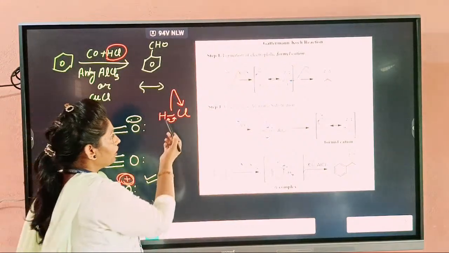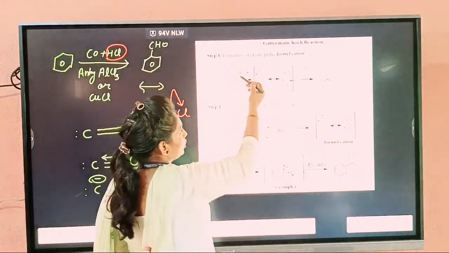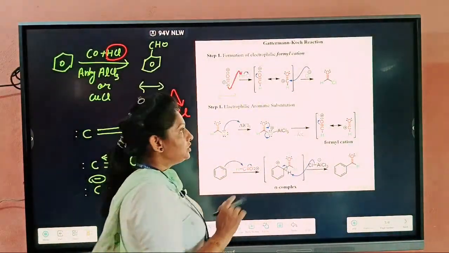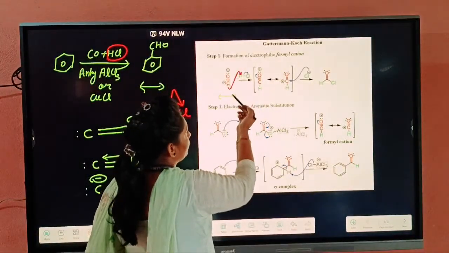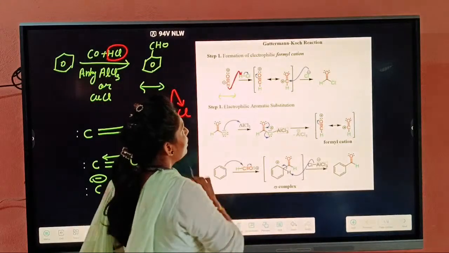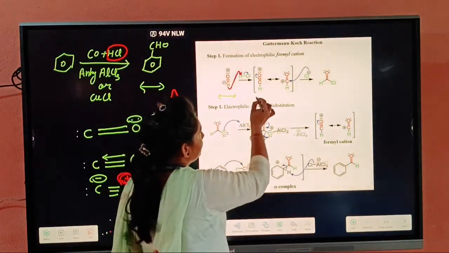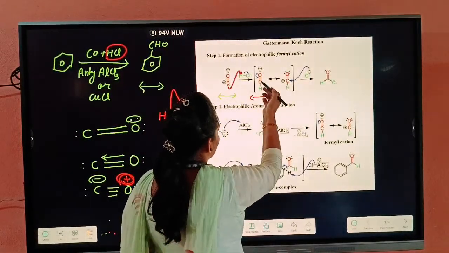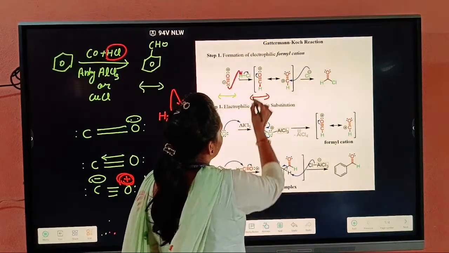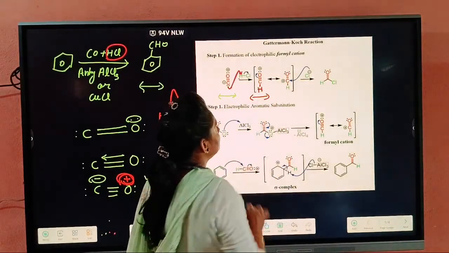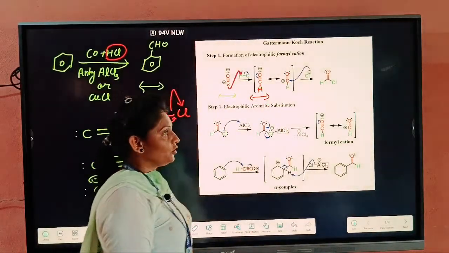So it will take the electron from this bond, and from here a proton can be donated. Here it is in the form of H positive. This H positive will attach to this carbon of carbon monoxide. Then you will get carbon, here attachment of hydrogen takes place, and removal of Cl negative takes place from here.